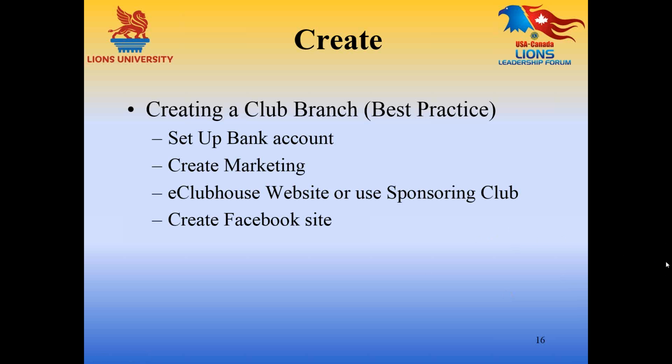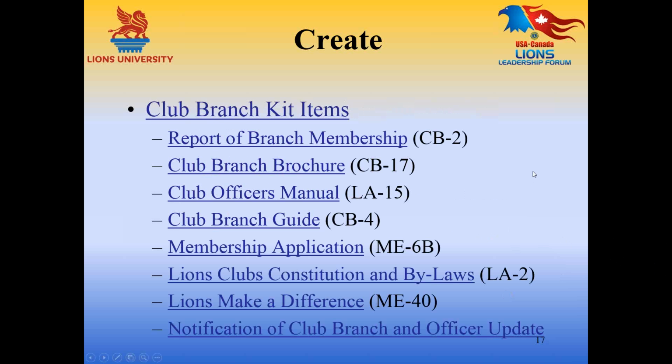As we move forward, on the next slide are all the pieces of information available on the LCI website, and I've given the numbers for all of the documents. There is the report on branch membership. There is a club branch brochure that can help you walk through and consider what it is you want to do. Your club officer's manual, which you didn't see in the previous one because it's taken care of through club officer training.